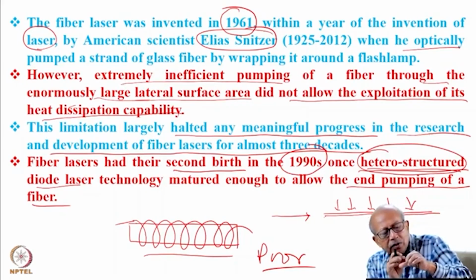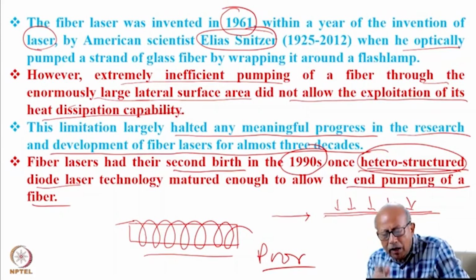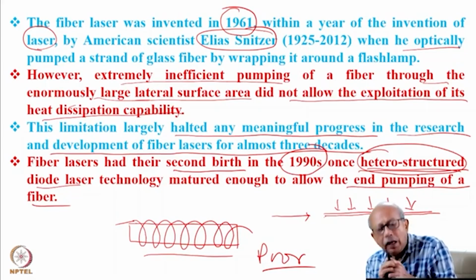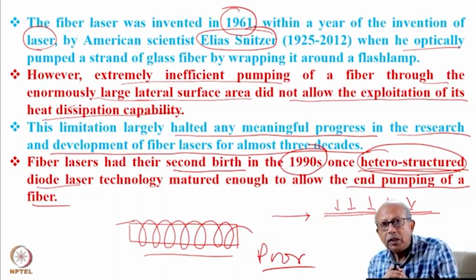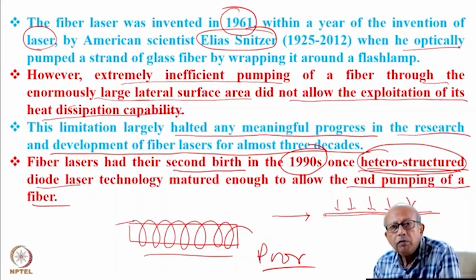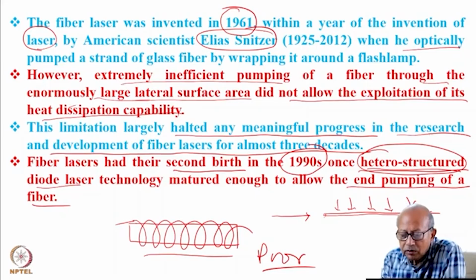Although the end aperture is extremely tiny, the very narrow output achievable from a semiconductor laser allowed the pumping even through this narrow bore of the fiber, end pumping. And as a result, the optical fiber laser took its second birth around the time when such a semiconductor laser was available.